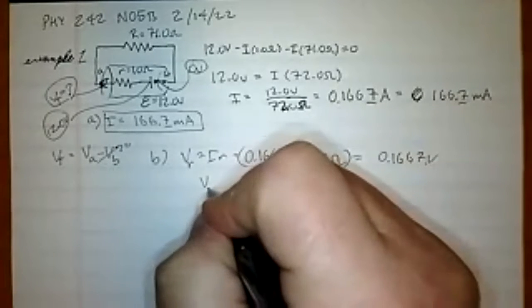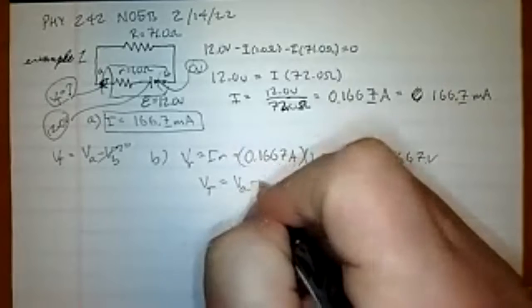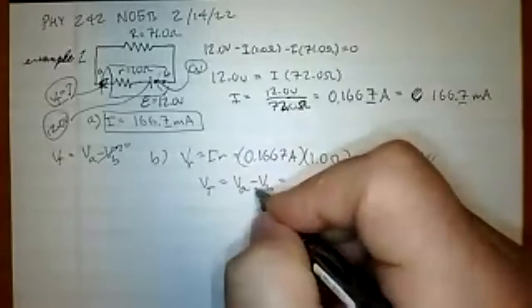So V terminal, which is technically, like I said, VA minus VB, but VB is 0.